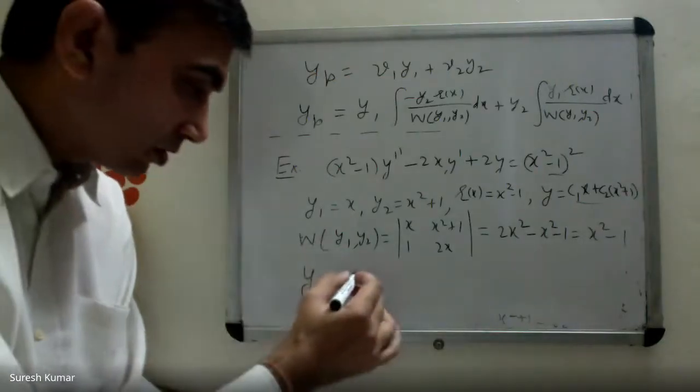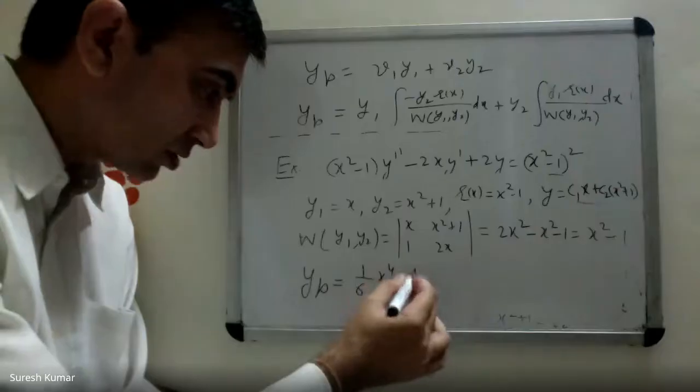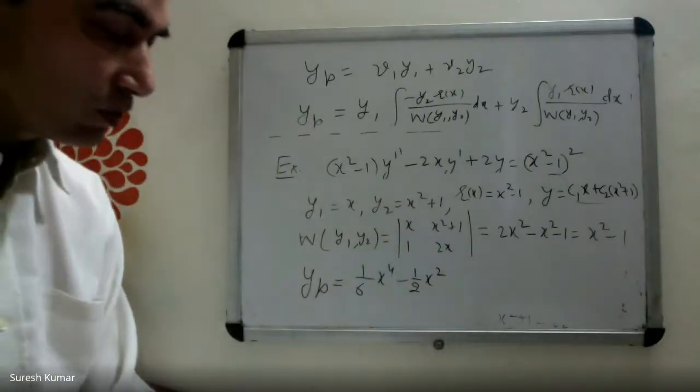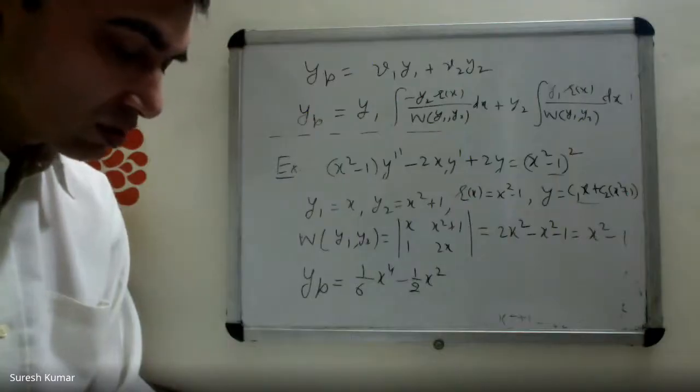Sir, x to the 4 by 6 minus x squared by 2. Yes, that's correct. 1 by 6 x to the power 4 minus 1 by 2 x squared.